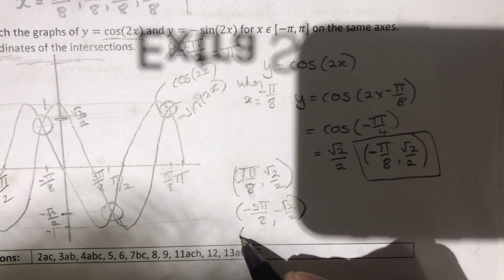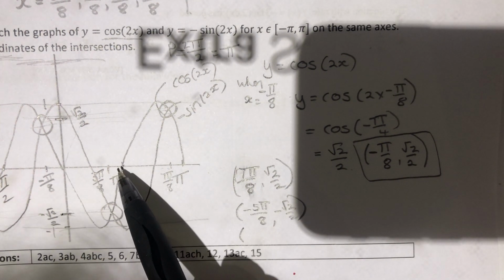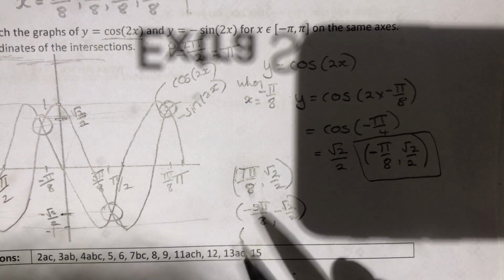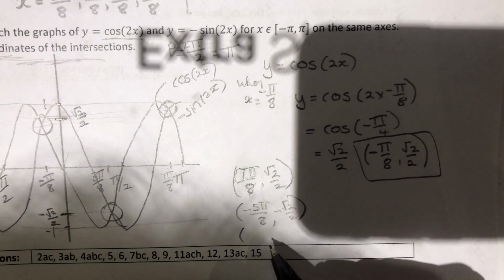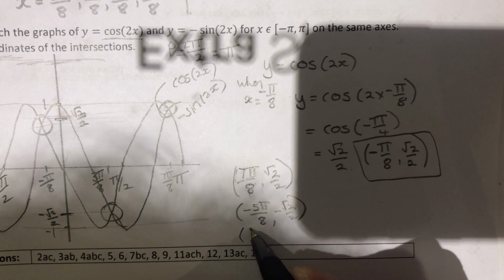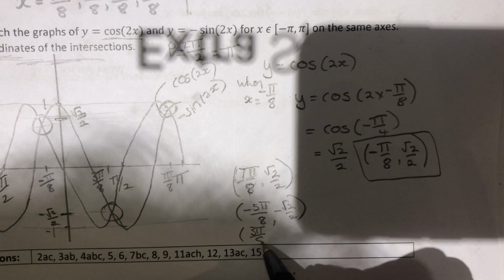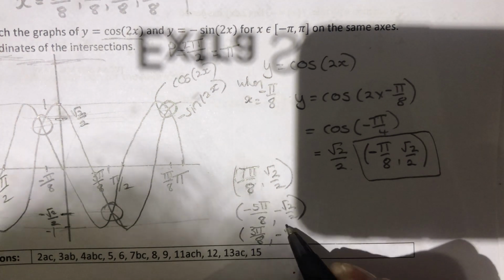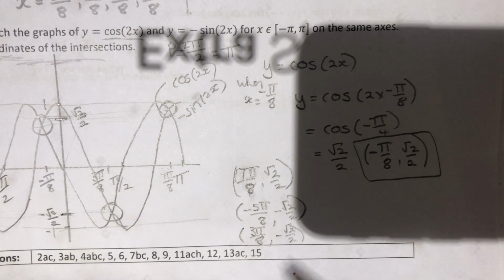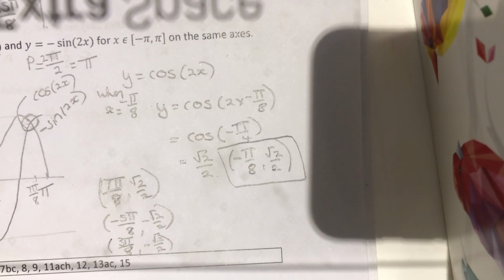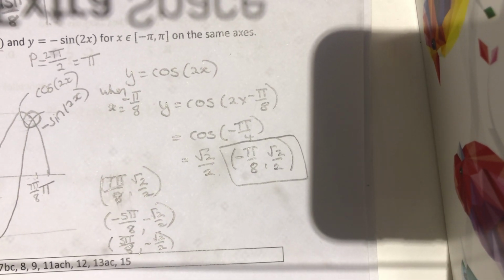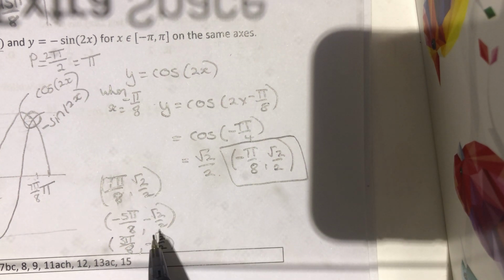And our last one over here is going to be 3 pi on 8, negative root 2 on 2. Oh gosh, I'm really sorry about the shading tonight, everybody. Okay, so these are now our 4 values.